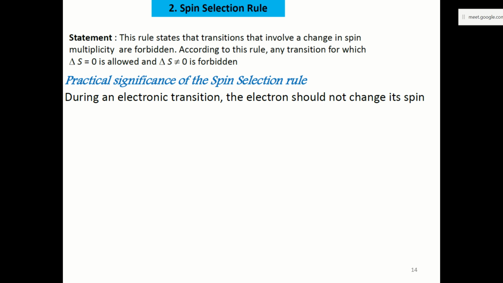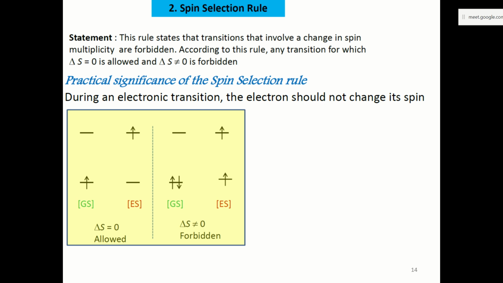The electron's spin angular momentum must be conserved, and that's why there should not be a change in the spin quantum number, ms. This kind of transition is okay, but here the electron which goes up to the excited state would have to have its spin inverted, and this is forbidden.